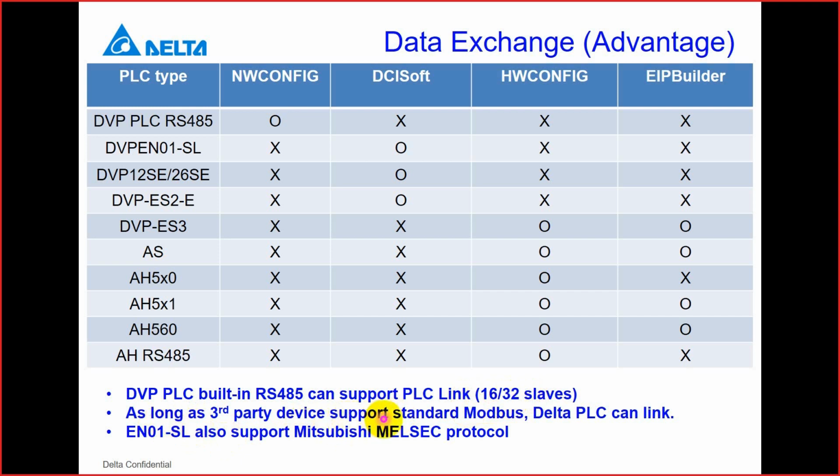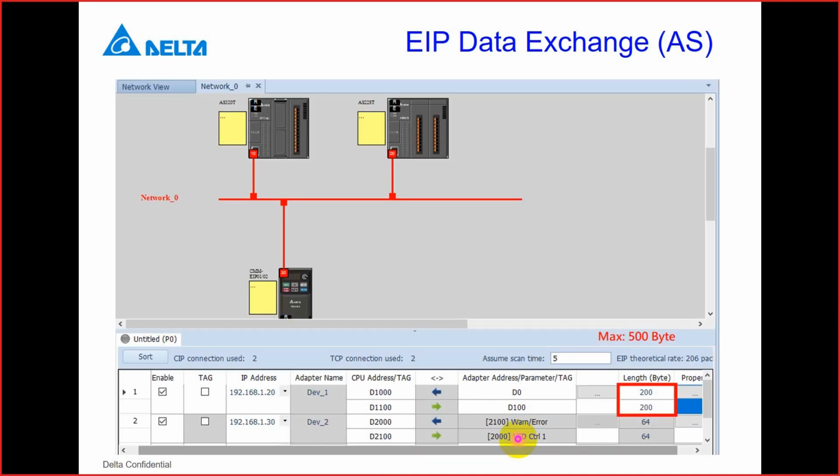Okay, and this one I already mentioned: as long as it's standard Modbus, even for third-party devices, we can use our data exchange function to pull the data from them. And sometimes you want to connect with a Mitsubishi PLC; for EN01, this supports the MELSEC protocol.